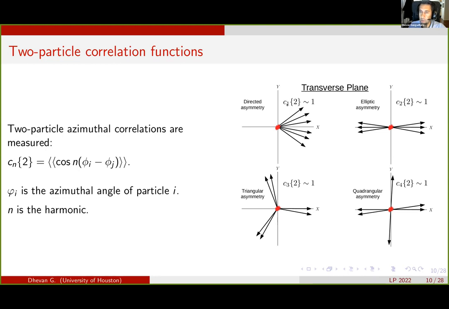For the first harmonic c_1{2}, this 2 here is the number of particles, because you can also do c_1{4} for four-particle correlations, but I'm showing two-particle correlations. The first is the directivity of the event, and the second order, which is very popular to study in heavy ion collisions, is the elliptic asymmetry, back-to-back topologies. And we're going to just focus on these two harmonics.